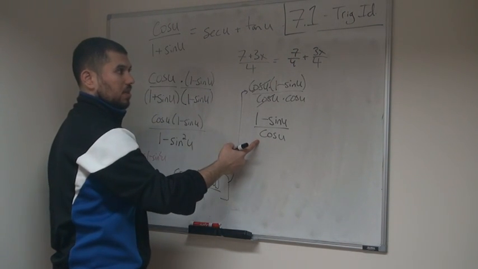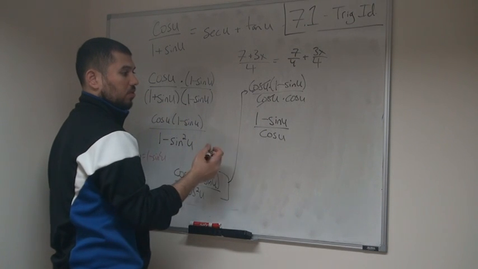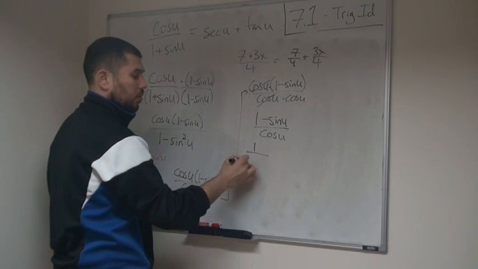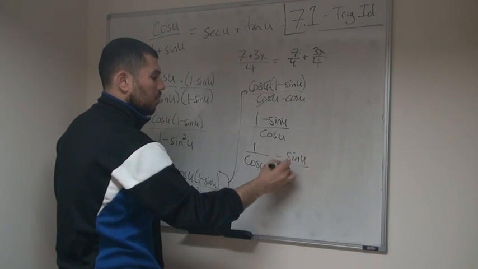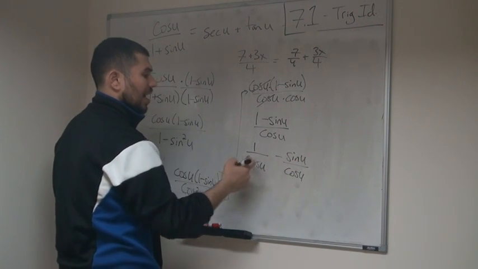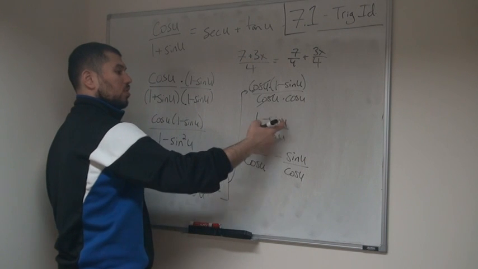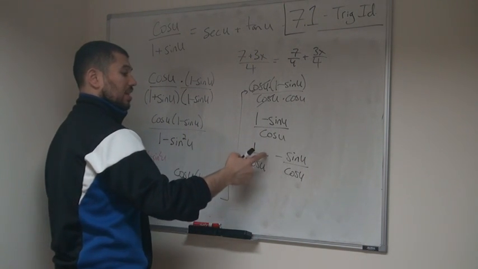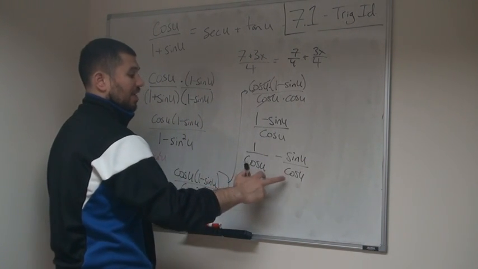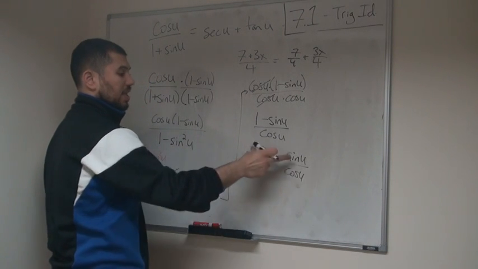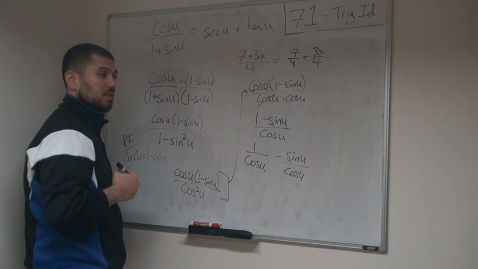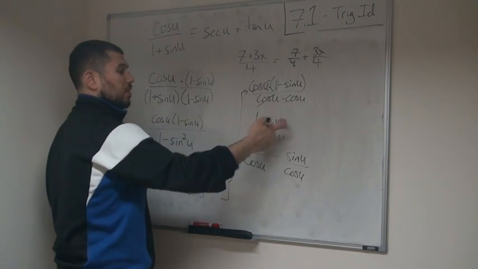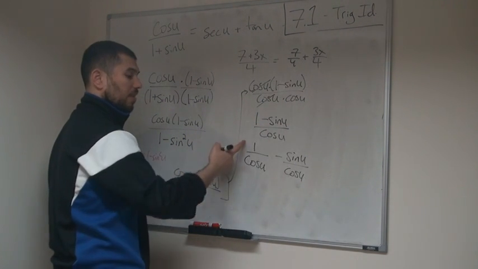Same concept here. 1 minus sine u over cosine u is 1 over cosine u minus sine u over cosine u. I was only able to write them as 2 terms in the numerator because I had the same LCD, and when I have the same LCD for 2 fractions, I could combine, add or subtract. Now it makes sense. Divide every term in the numerator by the denominator.